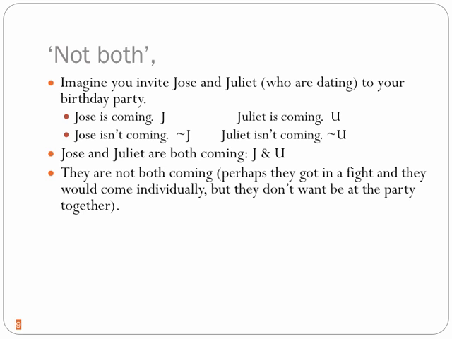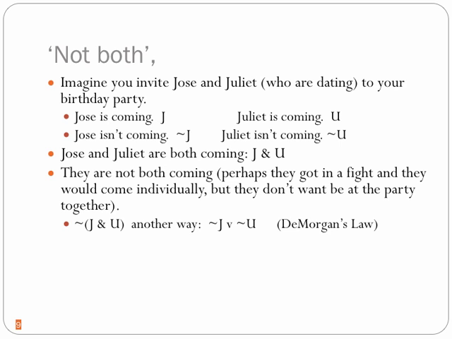So here's how you would translate or symbolize that. Not, and now we're going to introduce a new aspect of our language, the use of parentheses. We're going to put the J and U in parentheses and then put the negation out in front of that. If you didn't have those parentheses, then the negation would only apply to the J. So it would be telling us that Jose isn't coming and Juliet is.